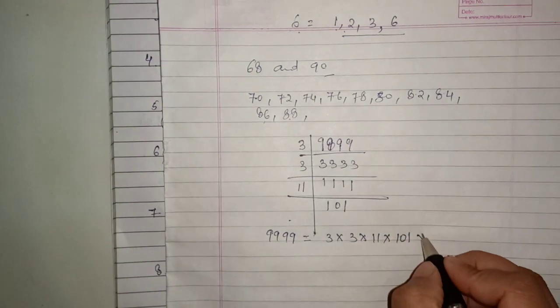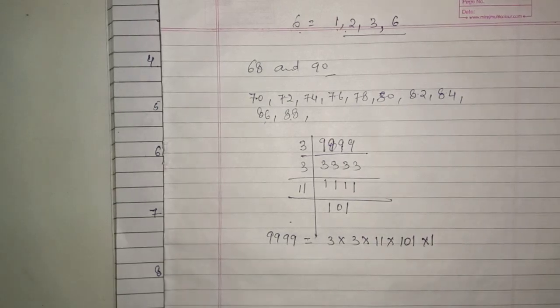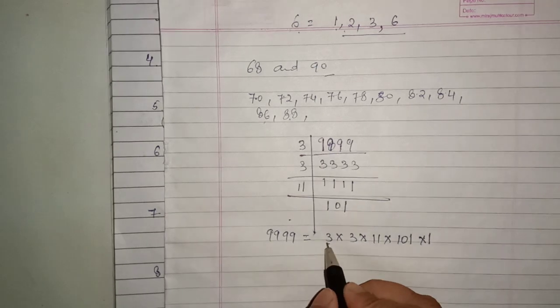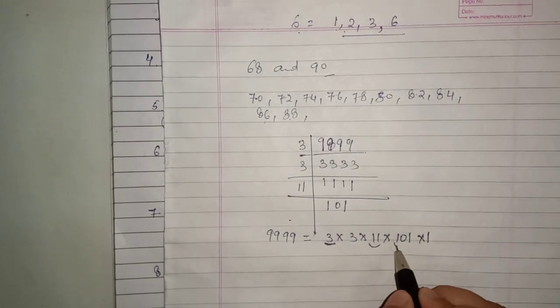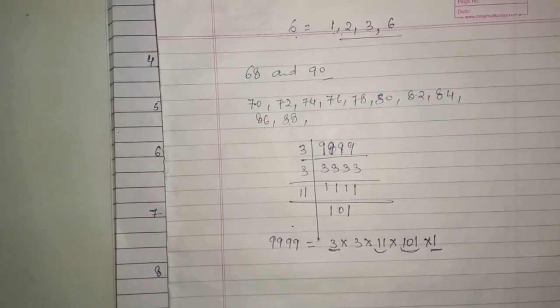And also 1 is always a factor of every number. So here we can say that we have 4 distinct prime numbers: 3, 11, 101 and 1.